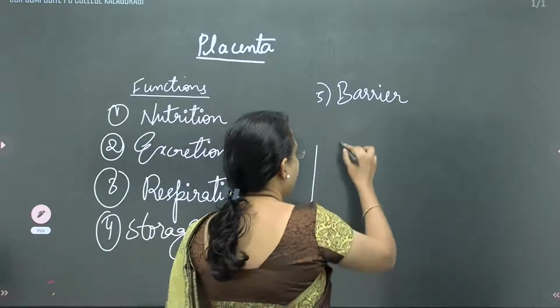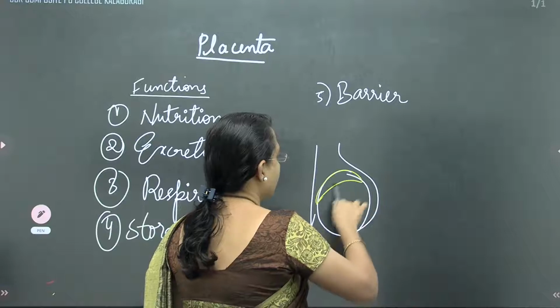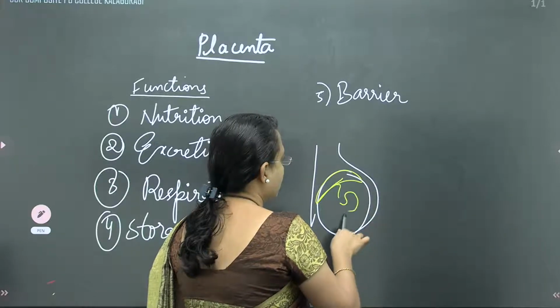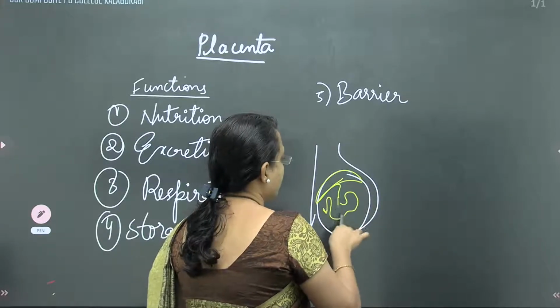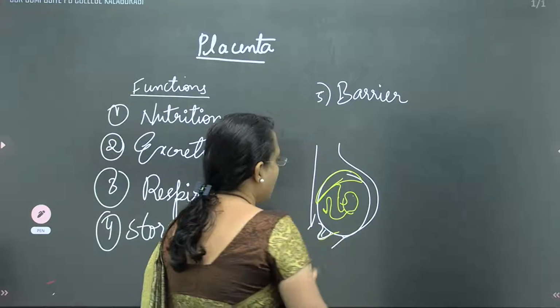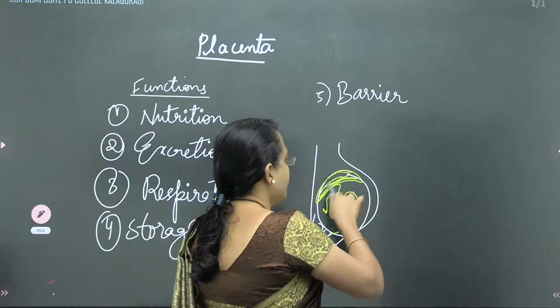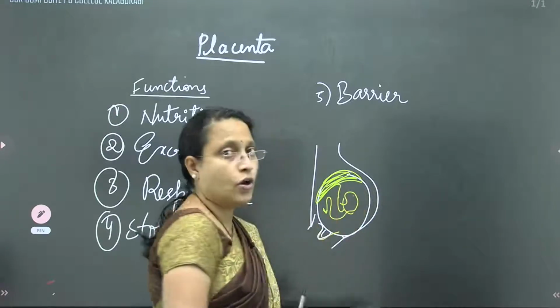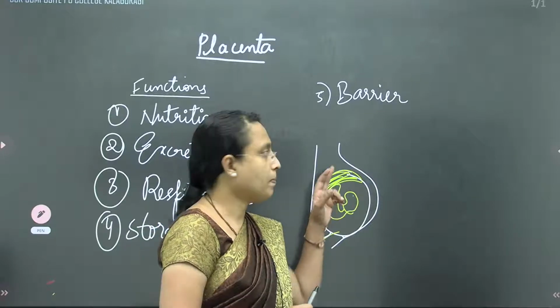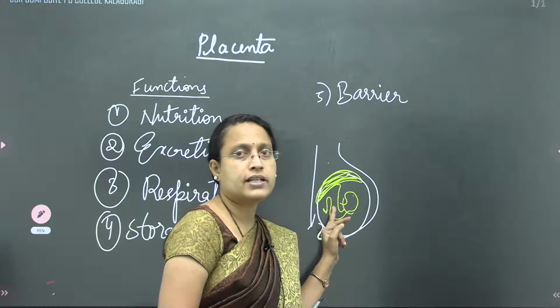So what happens here? This is the developing fetus. So this placenta will not allow certain substances from maternal circulation to enter into the fetus.